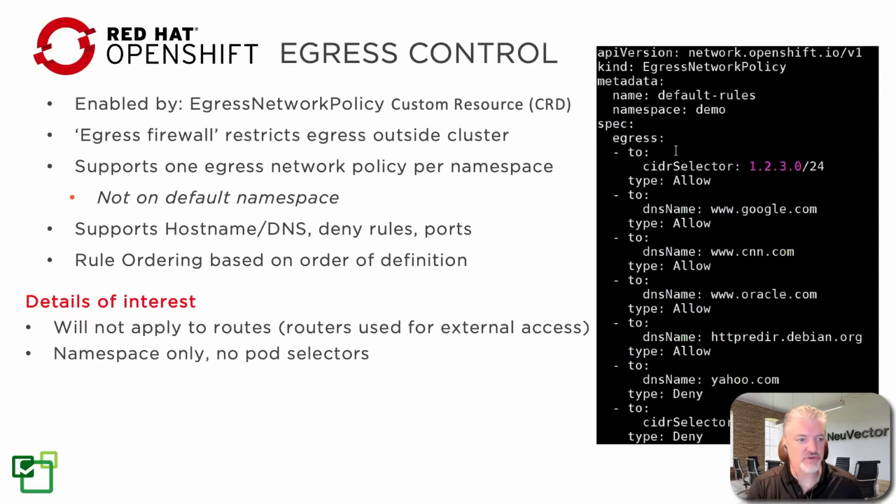Secondly, the egress controls that you see here are applying to a namespace, so you can select a namespace from which egresses are allowed. In Kubernetes, you can do namespace and pod selectors, but in OpenShift, you can do namespace without pod selectors. So that's kind of more flexibility there.